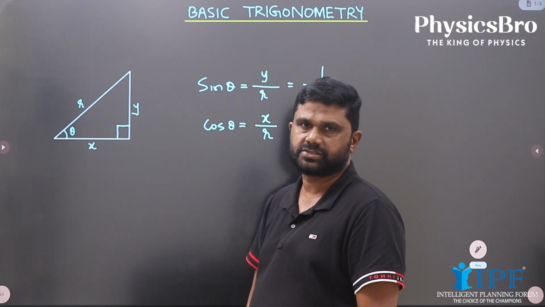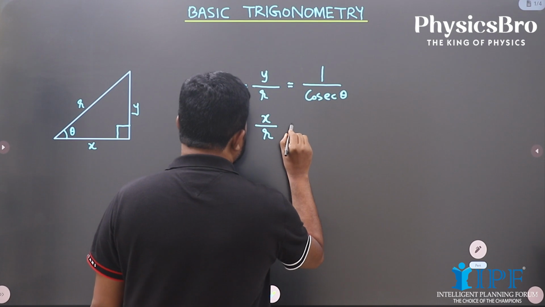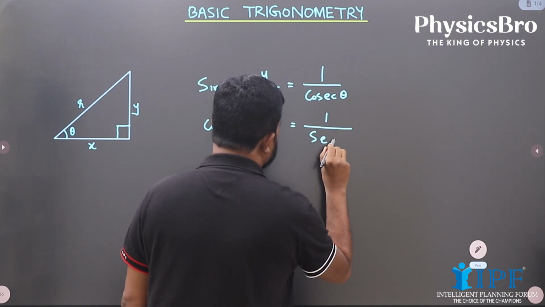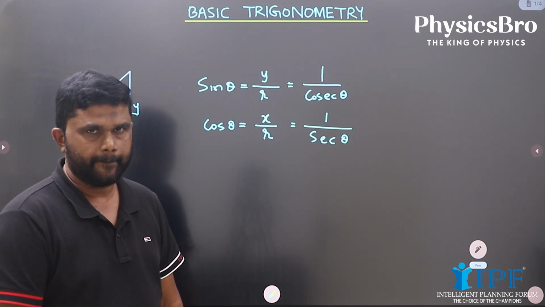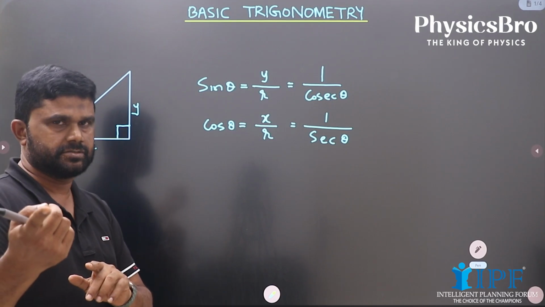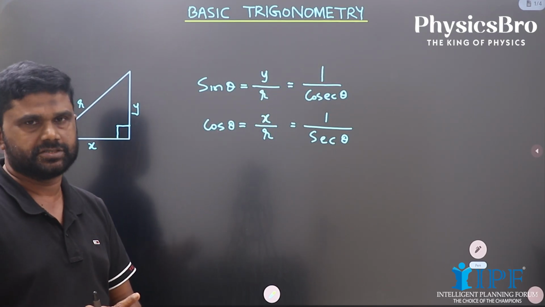That is x. Hypotenuse is again r. Cos theta is also the reciprocal of secant theta, or secant theta is 1 by cos theta. Secant theta and cosecant theta are also co-functions.